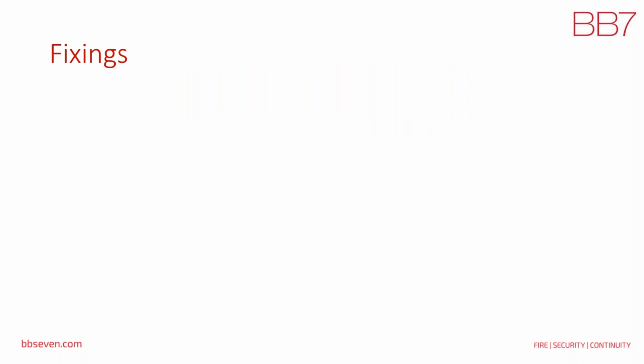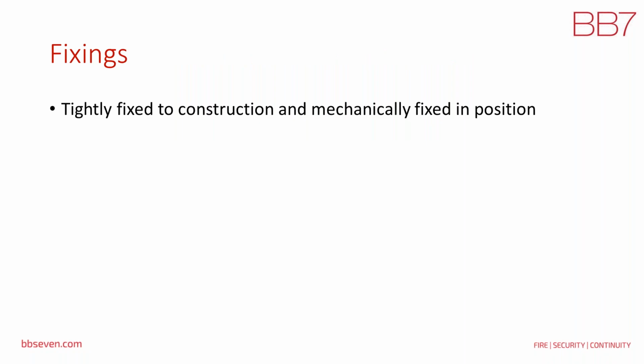So on to fixings. Now the fixings should be firstly tightly fixed to construction and mechanically fixed in position. This is what the guidance says. So it's not adequate, if you've got anything other than two leaves of masonry, to have cavity barriers not mechanically fixed.